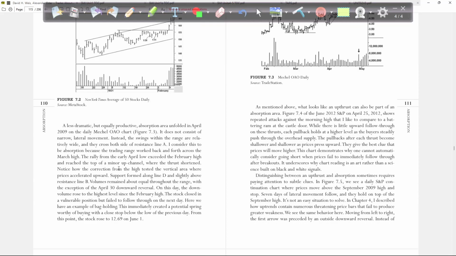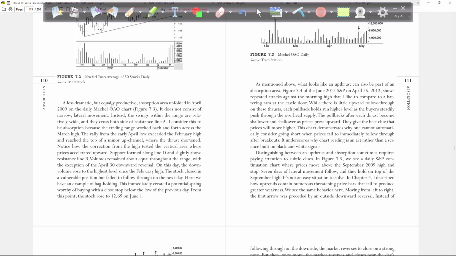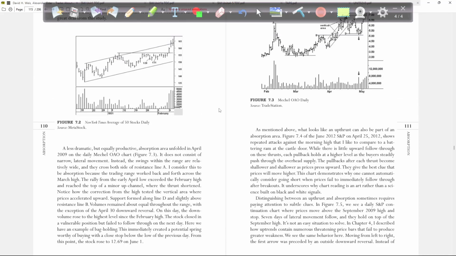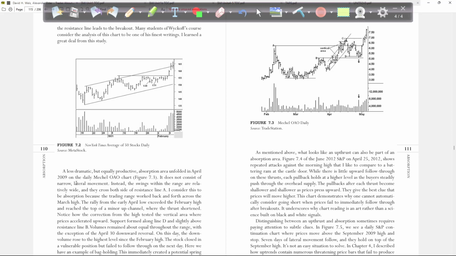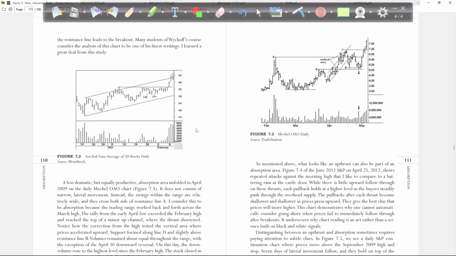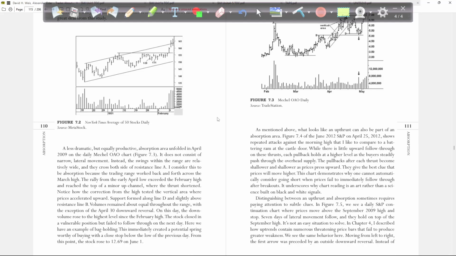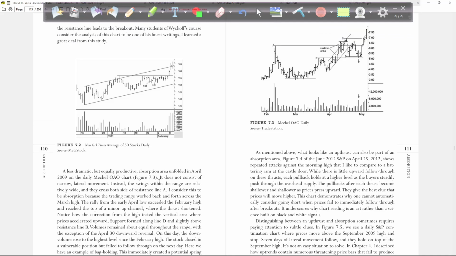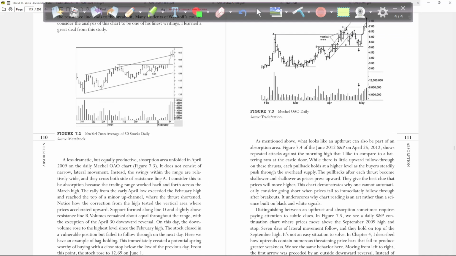A less dramatic but equally productive absorption area unfolded in April 2009 on the daily Michaels OAO chart, figure 7.3. It does not consist of narrow lateral movement.